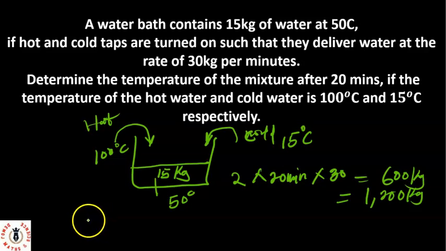Now, since there's going to be heat loss and heat gain, there's going to be heat loss from the hot water and heat gain from both the cold water and the 15 kg of water in the tap. So I'll be taking it this way.